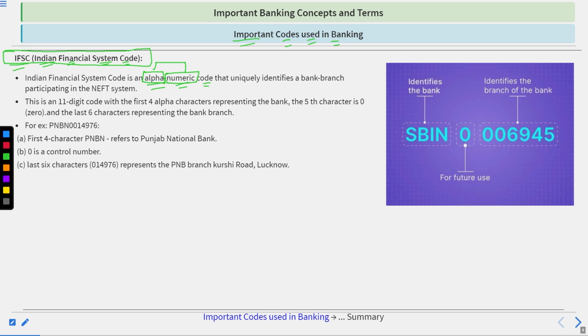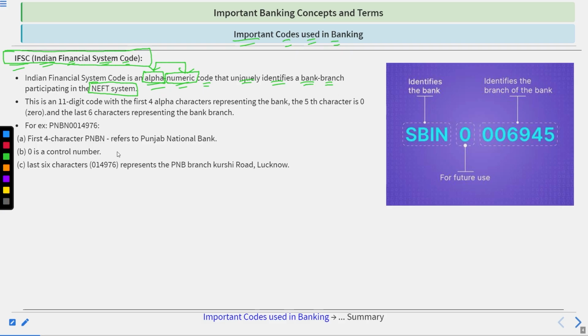It is a mixture of these two, alphanumeric, that uniquely identifies a bank branch which is participating in the NEFT system. Now, what is the NEFT system? NEFT stands for National Electronic Fund Transfer.